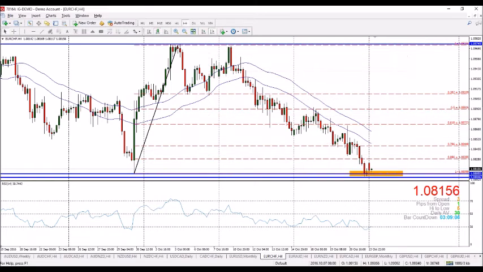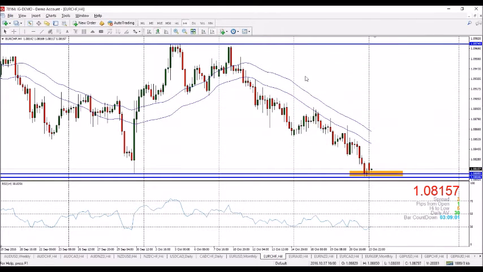Because if you look at the current trend, which I've marked with the moving averages here, you would see that it's still sloping downwards. There is a downward channel over here, which the market seems to have been moving in for the last couple of weeks.